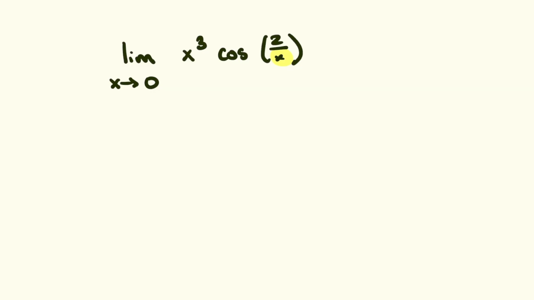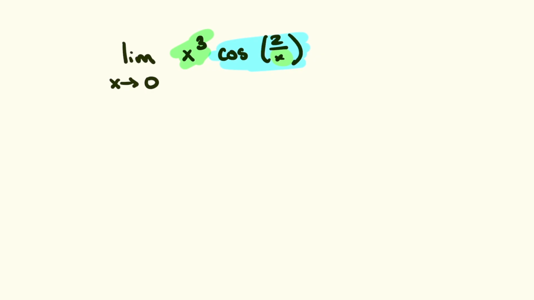We also have an x to the third, so something is going to 0, so that's a polynomial, but we also have this cosine of 2 over x, and it's hard to see what's going to happen because the trig function is going to battle it out with the polynomial.